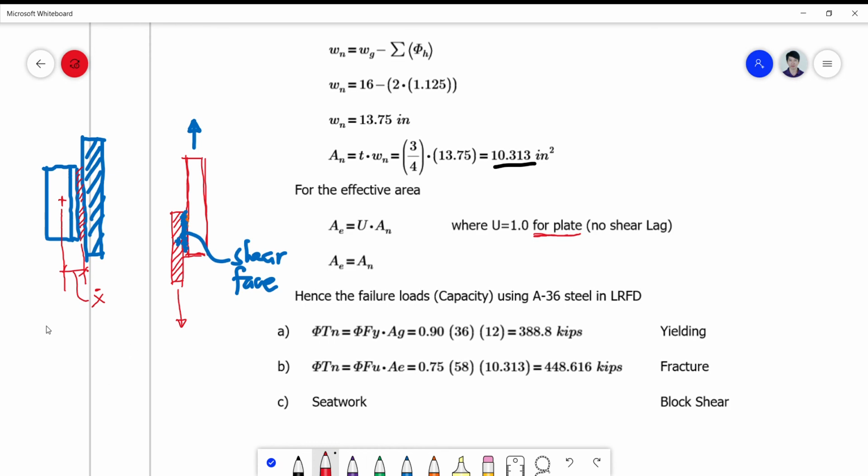So if I draw the shear stresses at this section, I will have a very high concentration of shear at this point, and then it reduces and lags at this point. Sorry, it's the reverse.